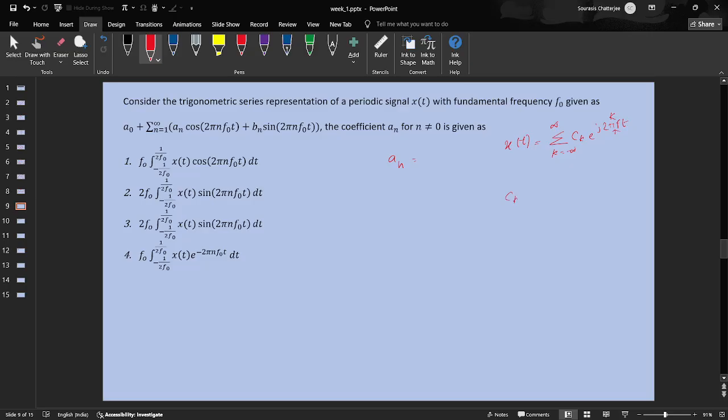There we have seen you can find ck as follows. So can you draw a similar analogy here to find what the coefficient is going to be for n not equal to 0?